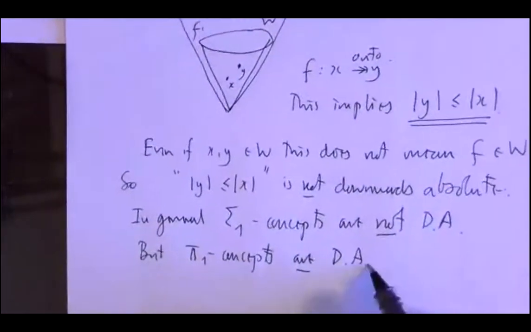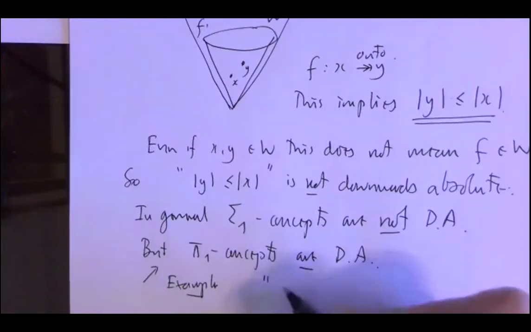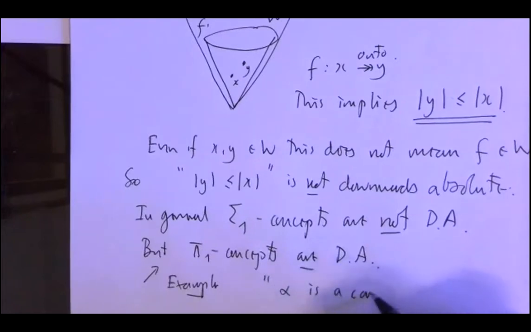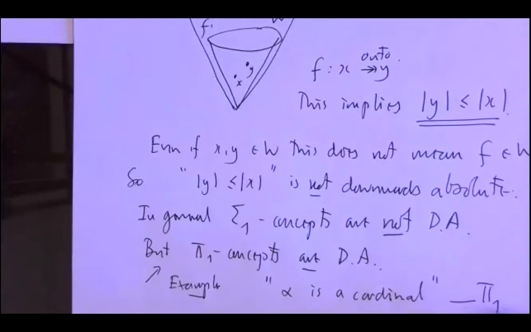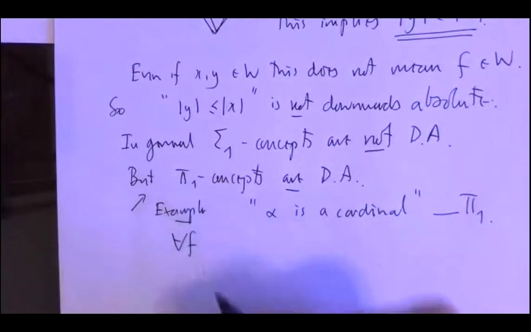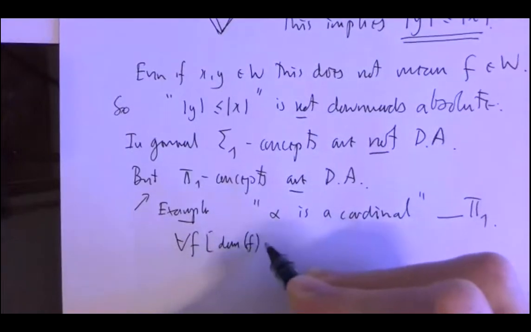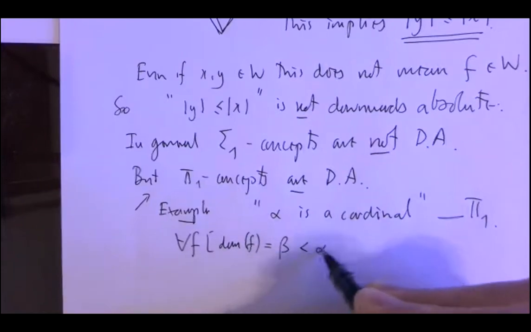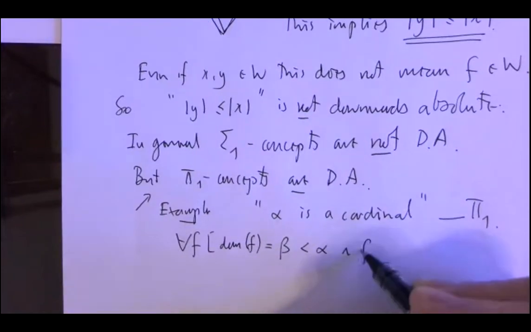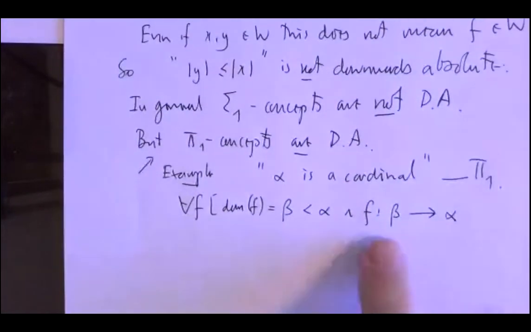So an example here. Alpha is a cardinal. This is pi 1, because it says for all functions F, if the domain of F is beta, which is less than alpha, and F goes from beta to alpha, then it's not onto.